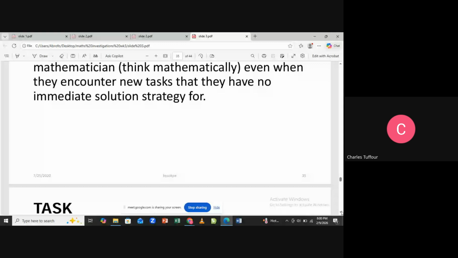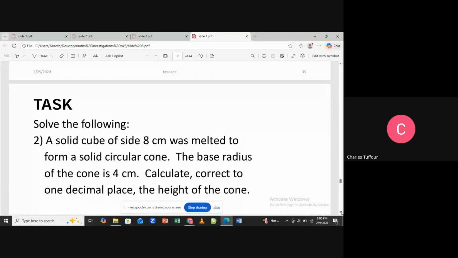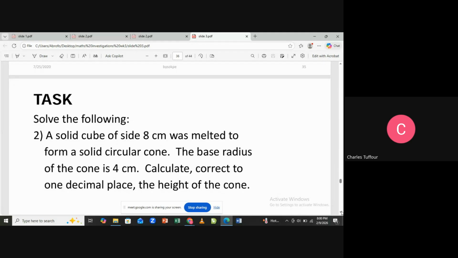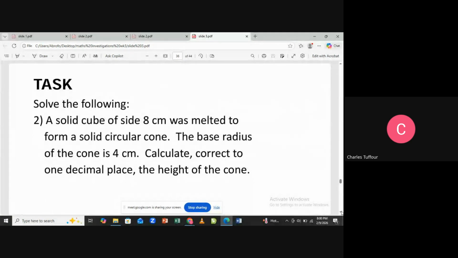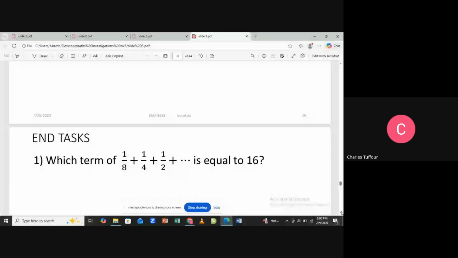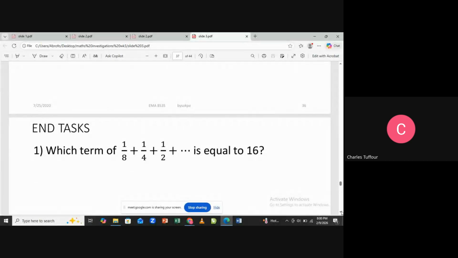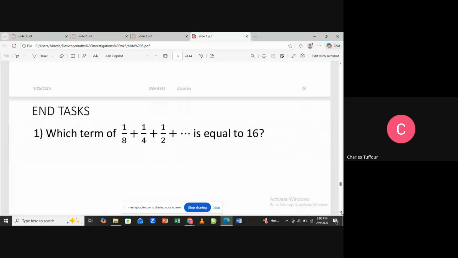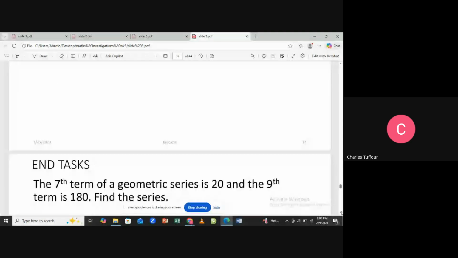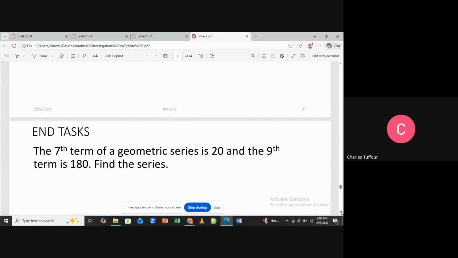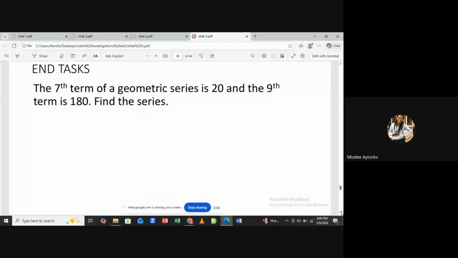Now, I also have a task here for you. You go through for me, and another one is also here. You also go through. Remember, do not be tired of my worked examples.